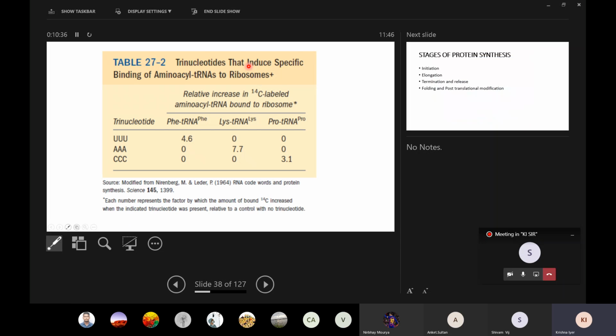experiment where they found that if you take ribosomes and short sequences, in this case say trinucleotides, or even polynucleotides which have the identical sequence, UUU, and then to this mixture of ribosomes and these nucleotides, you add all the tRNAs.